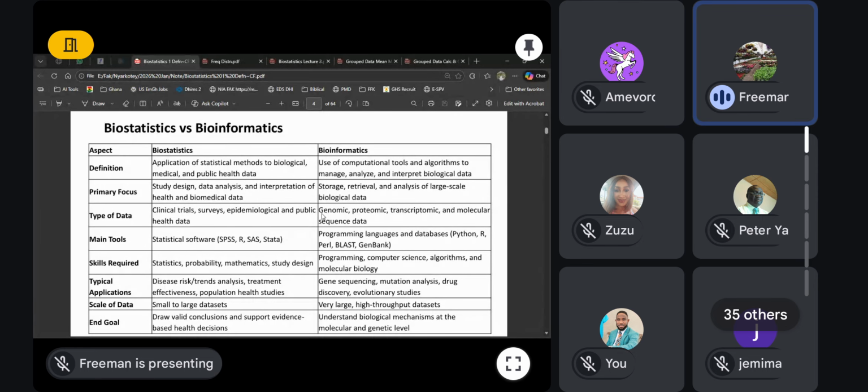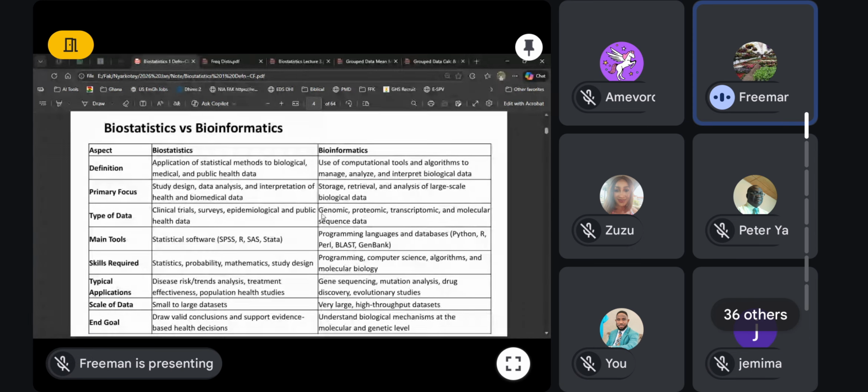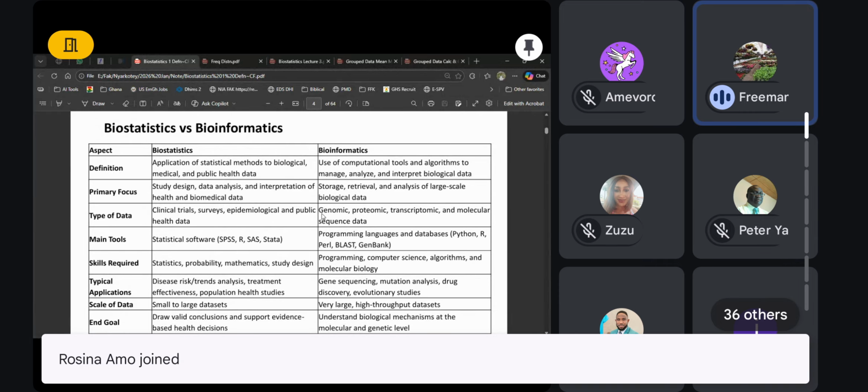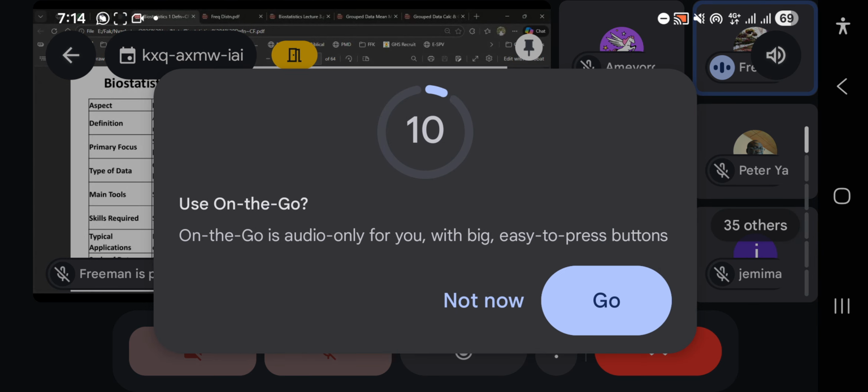But when you go to bioinformatics, you're talking about the storage of the data, how to retrieve it, the analysis of large-scale biological data. And in biostat, we have clinical trials, surveys, epidemiological data, and public health data.